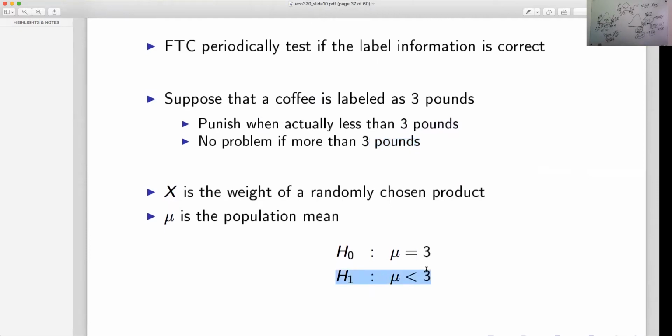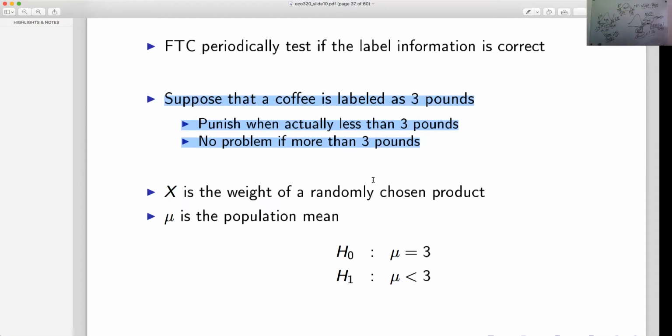So less than 3 is a problem, but more than 3 is not. Can you see how you get this answer? It's a lower tail test. Previously, if you're late, then it's a problem, but not if you're early. That was an upper tail test. Now it's a lower tail test based on this problem. So you should be able to extract similar information from problems like this.